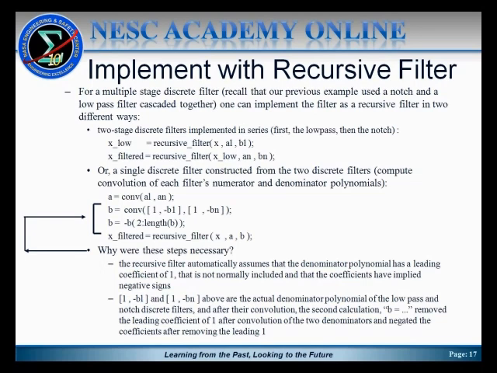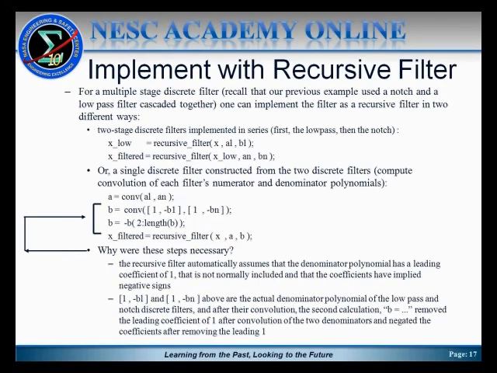Now we'll do the same thing with the denominator, but there are a couple of extra steps involved that I'll describe in a moment. You'll notice the first step below for computing the combined notch low-pass filter's denominator is that I convolve two temporary arrays that I've built here. The first has the element 1 as the first index and minus BL, the coefficients of the low-pass filter, as the ensuing elements.